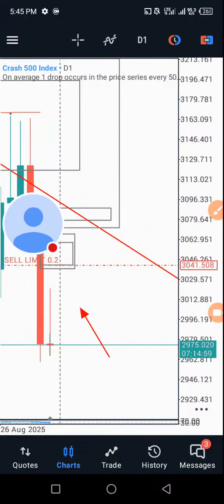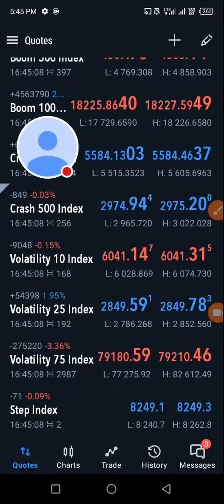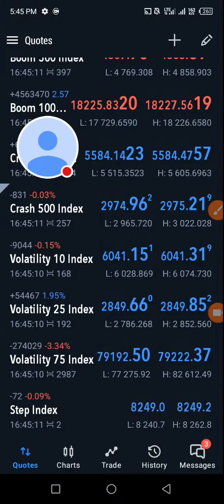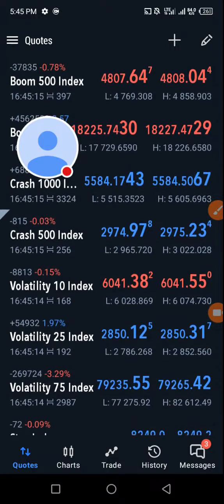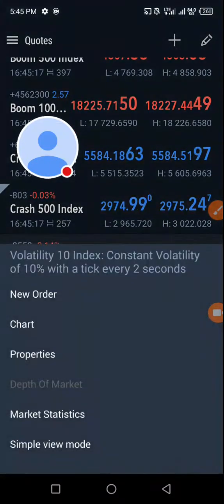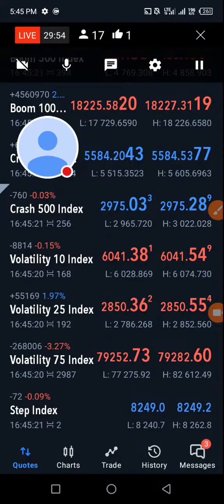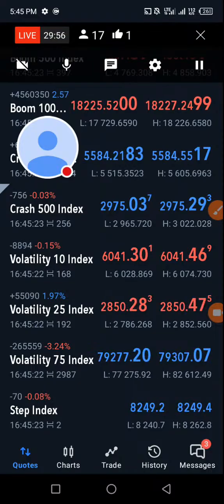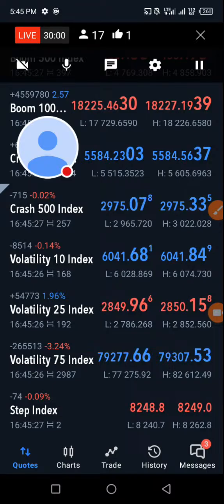So let's just leave Crash 500. Let us see if we can have any other markets. Aside from the Boom and Crash, let's look at VIX 10. I don't know if VIX 10 is okay now, or which other market. Can we choose between maybe VIX 10 or VIX 25? Let's just look at any of them.